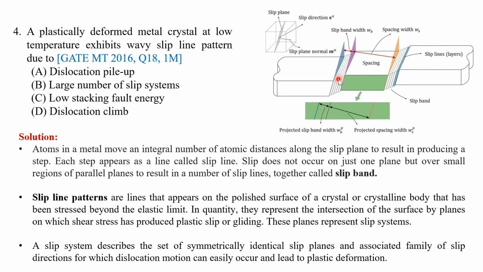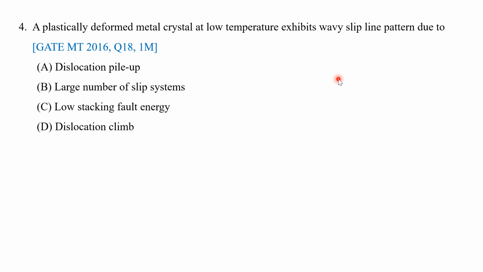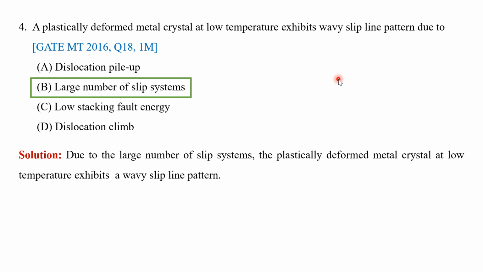Together, when we see them macroscopically, they form a wave-like pattern. So the reason for the wave-like pattern is the large number of slip systems present in a material. Therefore, a plastically deformed metal crystal at low temperature exhibits a wavy slip line pattern due to the large number of slip systems present in the material. That is the answer to this question.